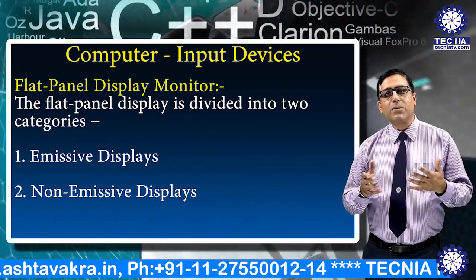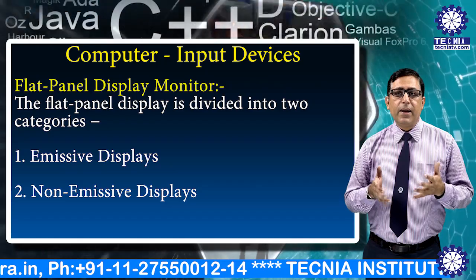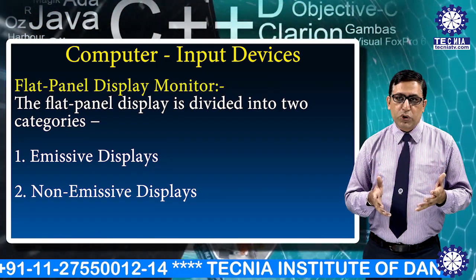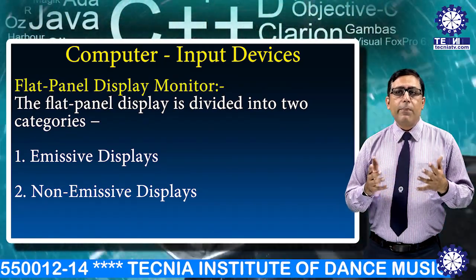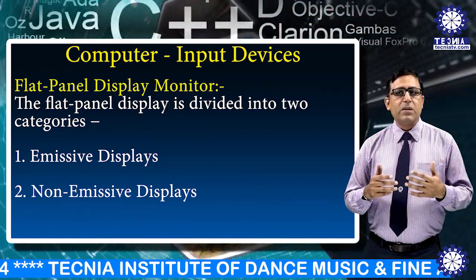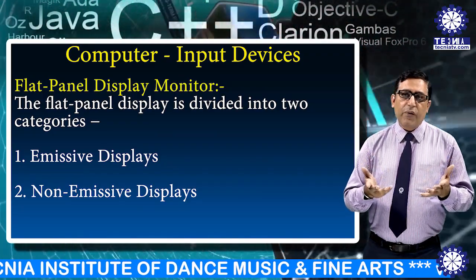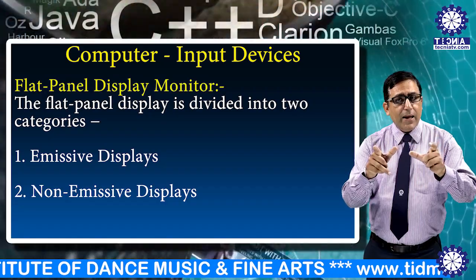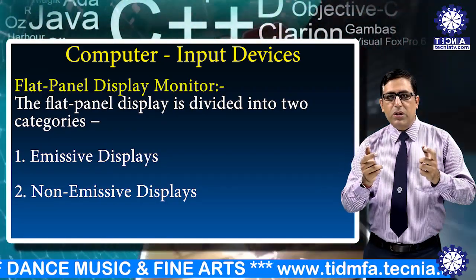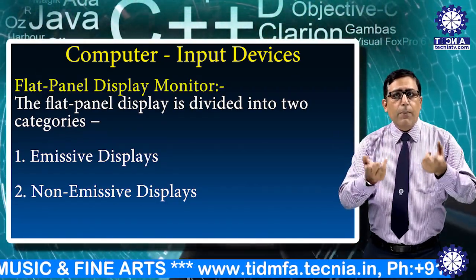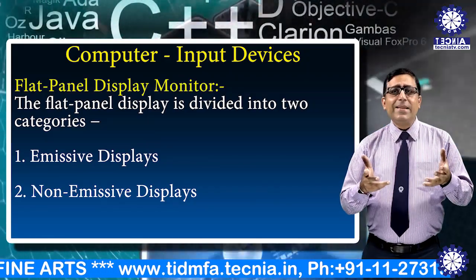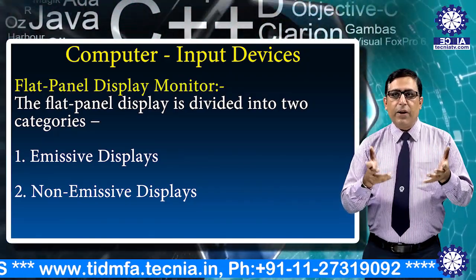For example, plasma panel and LED, light emitting diodes. Second one is non-emissive displays. Non-emissive displays use optical effects to convert sunlight or light from some other sources into graphics patterns. For example, LCD, liquid crystal display.